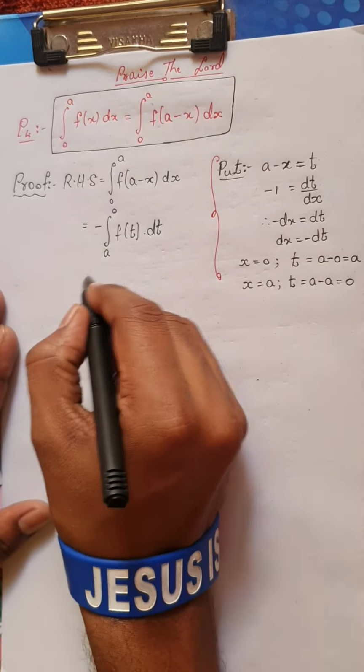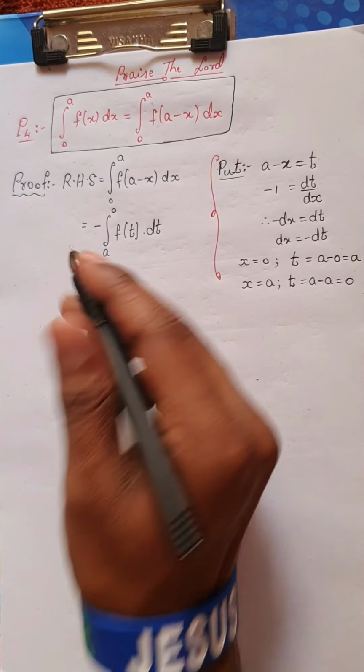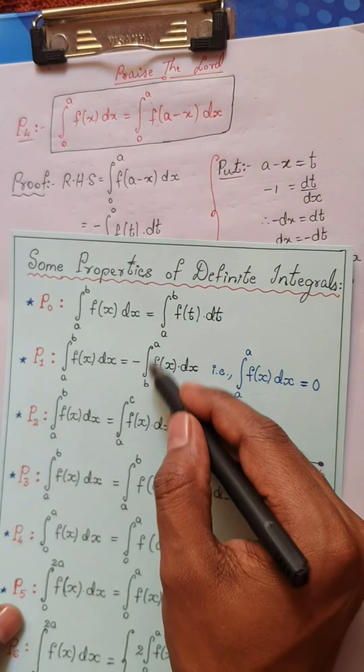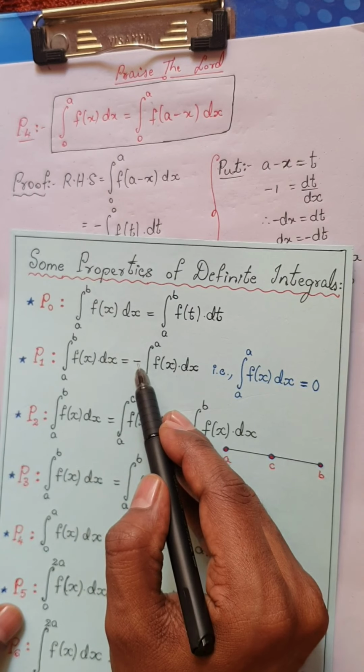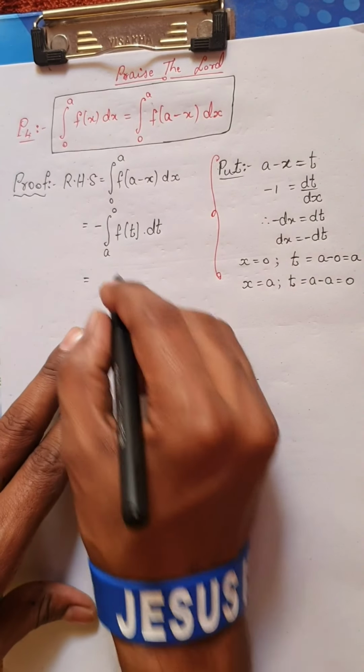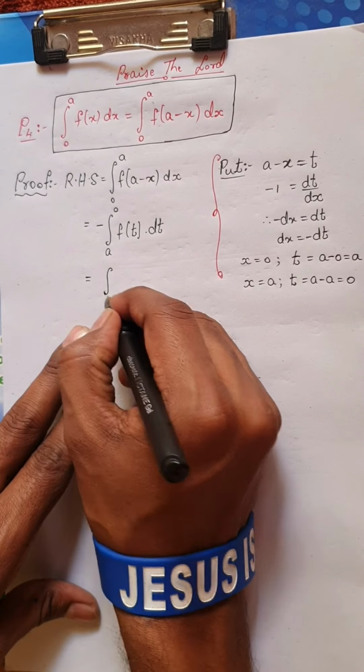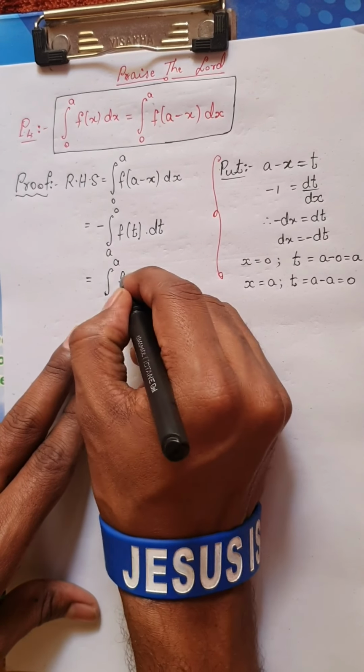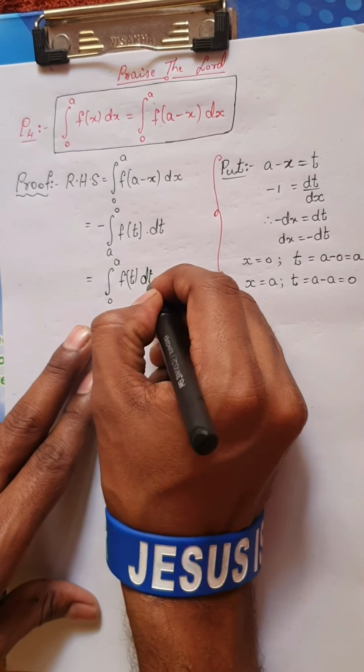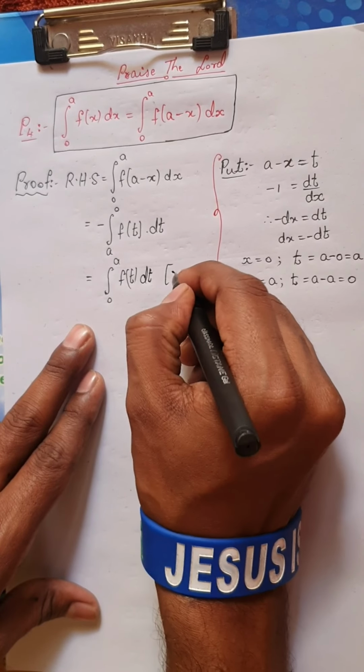Now as I told you, using the property, if I have to change the limits, then minus sign will be given. So already I have minus sign, so if I change the limits, I will get 0 to a f of t dt.